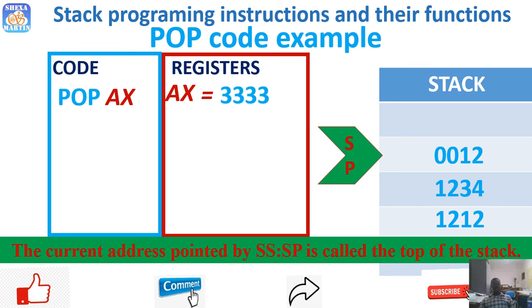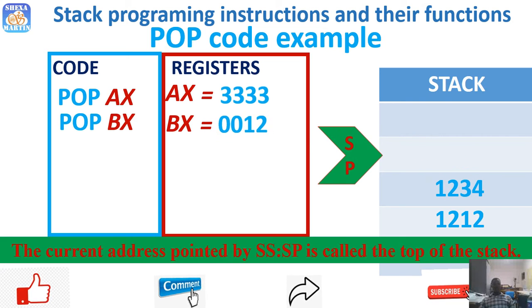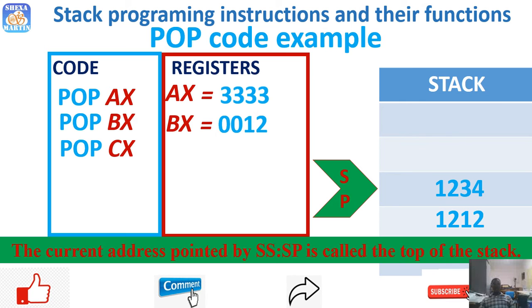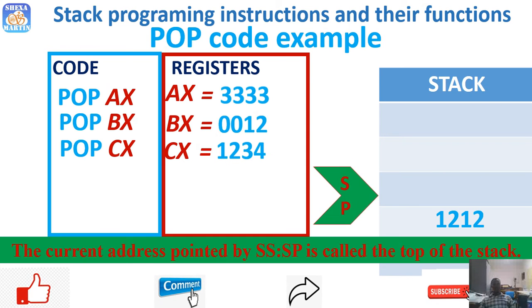and then we run pop BX, and this is what happens. BX will get 0012, and the stack pointer points to the next value, which is 1234, and then the same applies. We pop CX, and then 1234 is popped into, or moved into, CX.